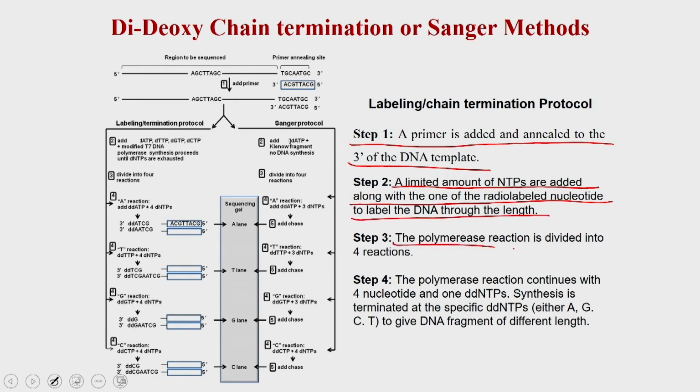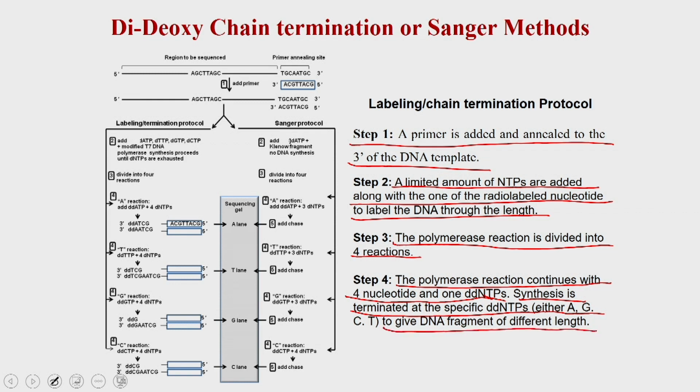Then you add the polymerase reaction into the 4 reactions and do exactly the same as discussed for Sanger's protocol. The polymerase reactions continue with the 4 nucleotides, and one of the nucleotides would be the dideoxynucleotide, and synthesis is terminated at the specific dideoxynucleotides to give DNA fragments of different lengths.